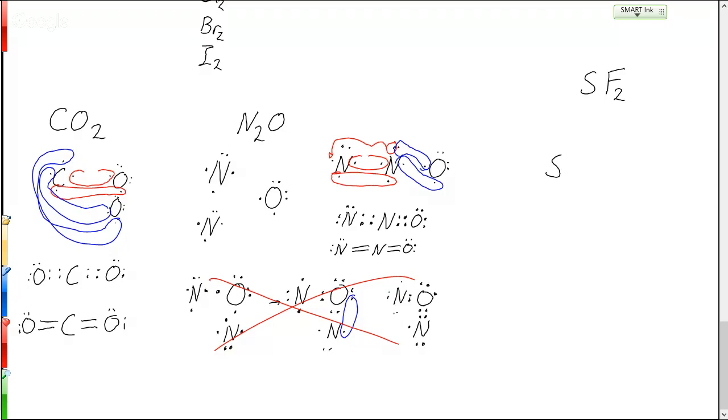So SF2 is going to be similar to H2O in that you have an O or an S, something with 6 valence electrons, connecting on 2 sides to pair those electrons up. So there's our 6 electrons on the sulfur. And we can put in the fluorine like this.